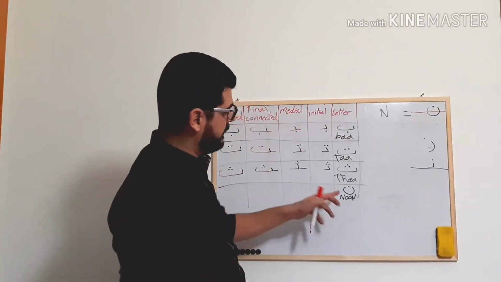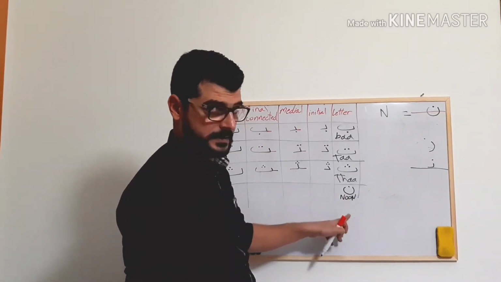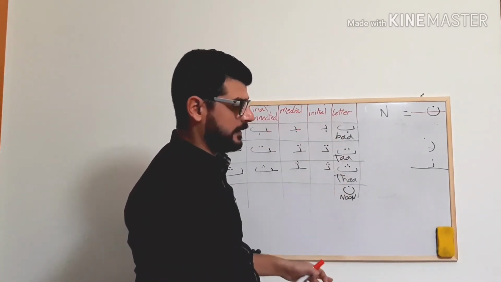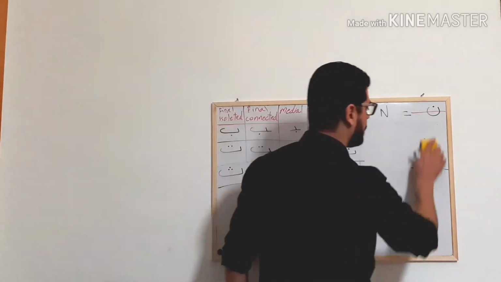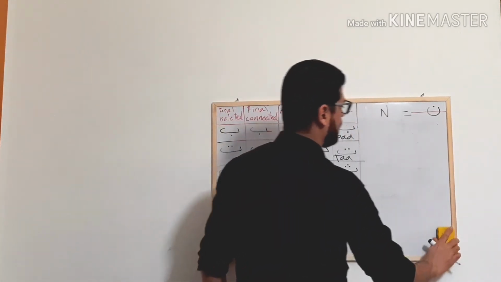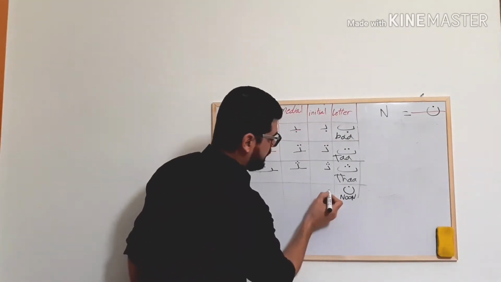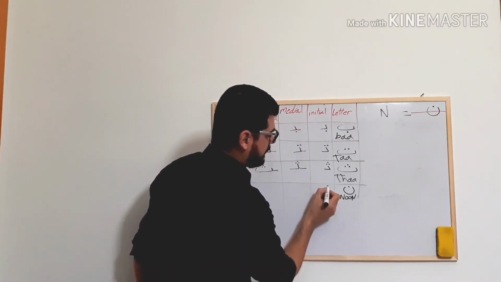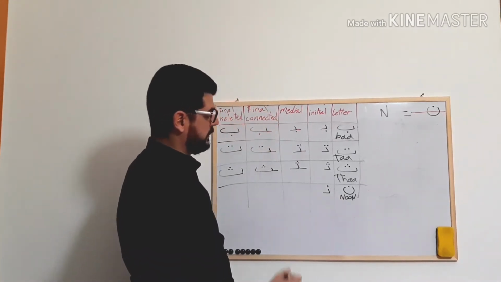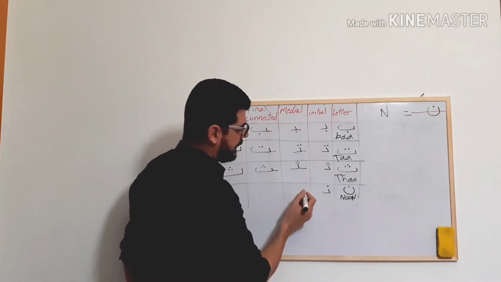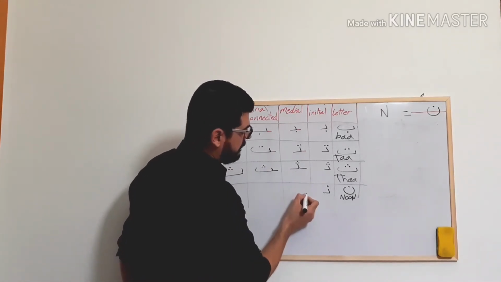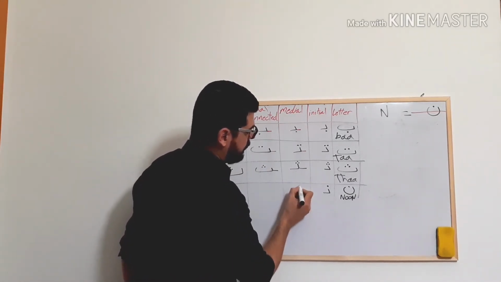So that's why this nun exists here. So the nun in the beginning will give me the same shape, but with 1 point above. In the middle will give me the same shape, but 1 point.